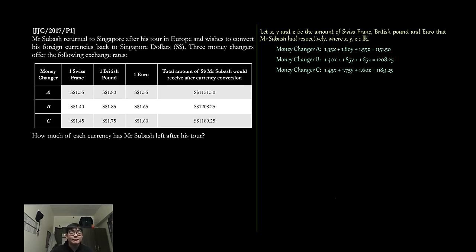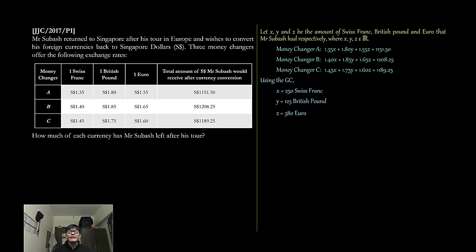Likewise for B and C. So you can go to your graphing calculator, press Apps, press PlySmlt2, press Solving of Simultaneous Equations, key in the coefficients of x, y, z, and what we have is x equals 250 Swiss francs, y is 125 British pounds, and z is 380 euros.